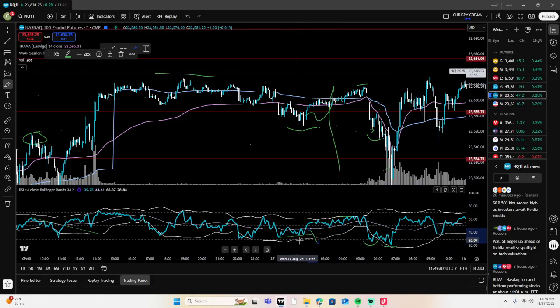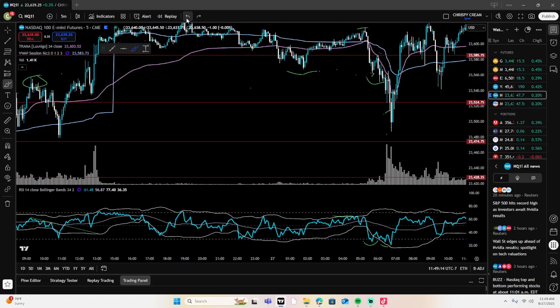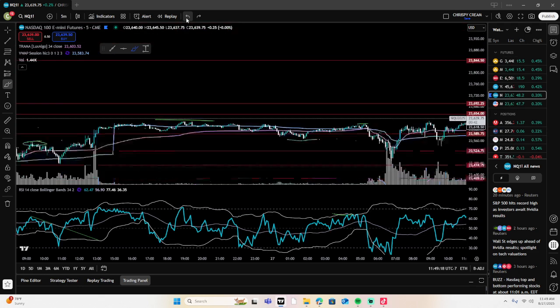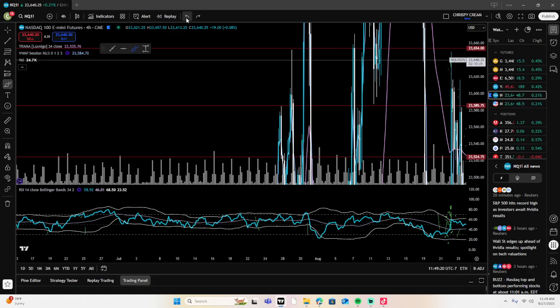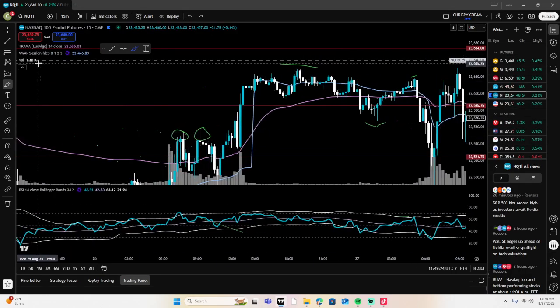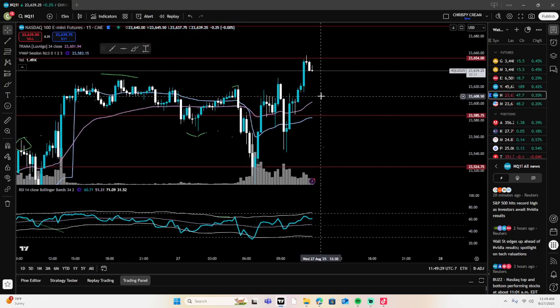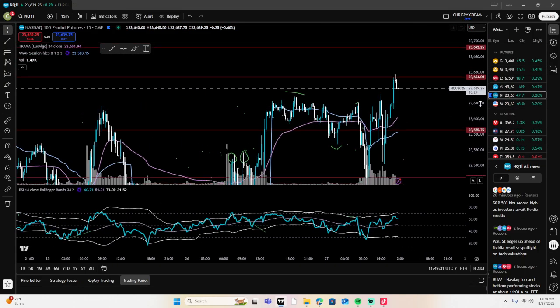Just because you see a divergence doesn't mean it's going to 100% work out. Most of the time it does, don't get me wrong. That's why the win rate is pretty high for this. But you just got to use everything together. That's why back when you would hear me say, do you want to see 6+ confluences for a nice setup? Sometimes you'll see 10 confluences for a setup. It all depends.